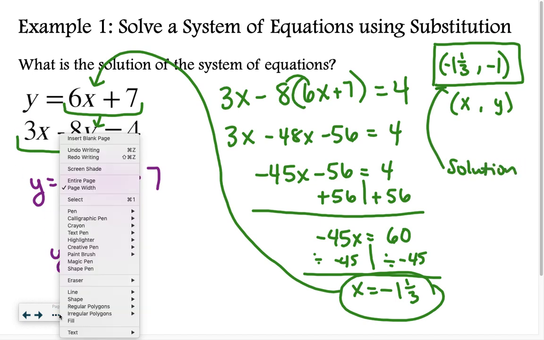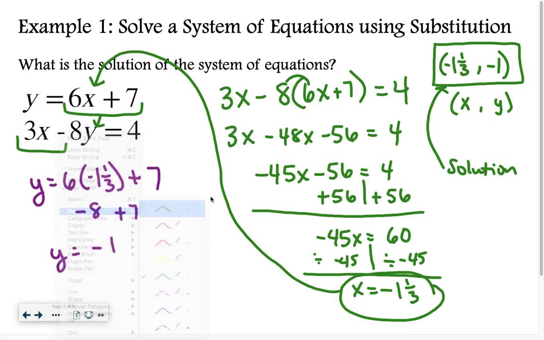I'm just going to quickly recap because I know this can sometimes take a little bit to get used to. We started with these two equations. I had y equals 6x plus 7. So since I already know what y equals, I took that 6x plus 7 and plugged it in for my y in my other equation. That's how I ended up over here.